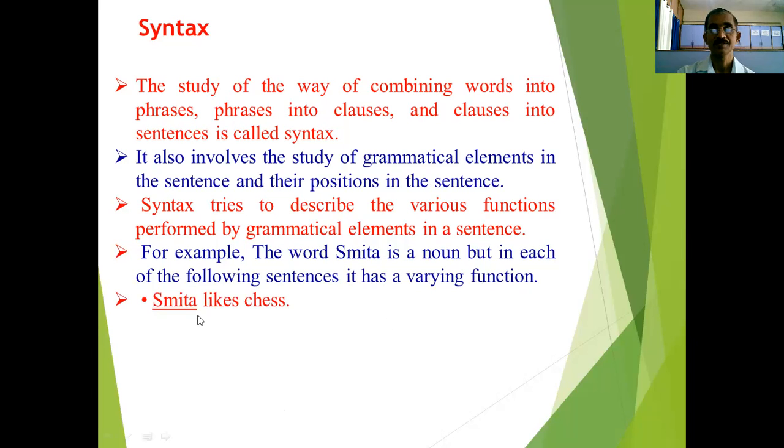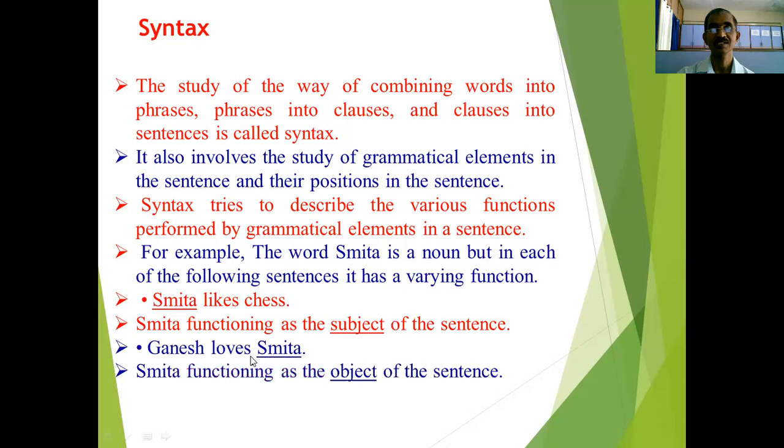chess. In this sentence, Smita functions as the subject of the sentence. Smita comes at the beginning, and it functions as subject. But in the second sentence, Ganesh loves Smita, the word Smita changed its place and came at the end, and it has a different function.